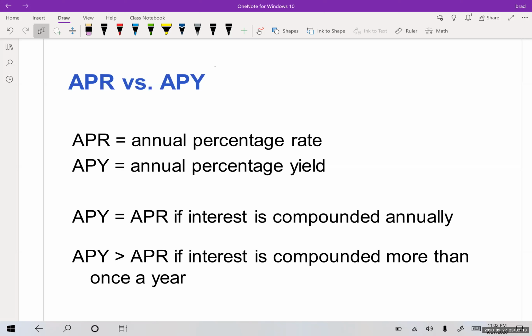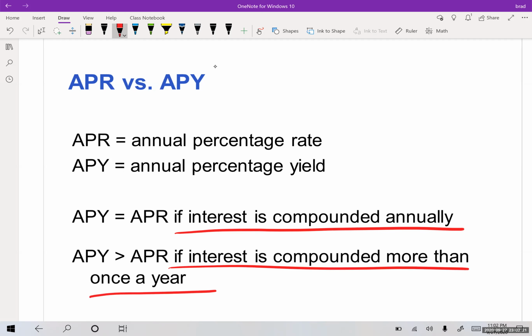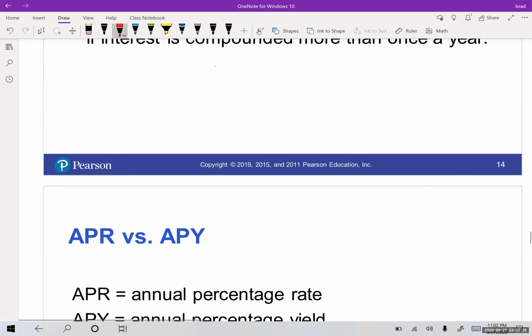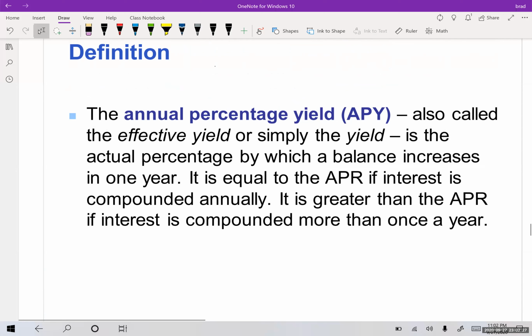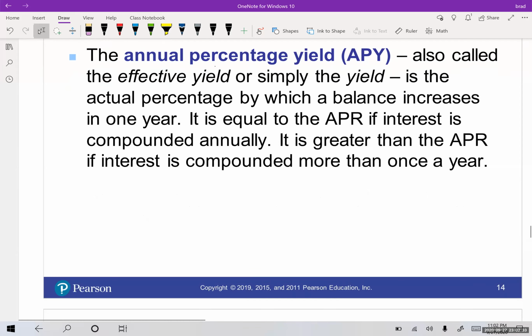They are the same thing if it's only compounded once per year. But if interest is compounded more than once per year, like in the previous problem, then the APY would be more than the APR, okay?